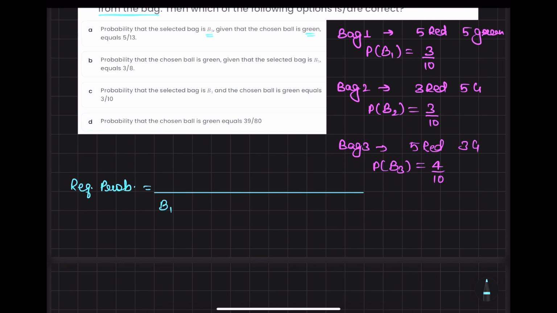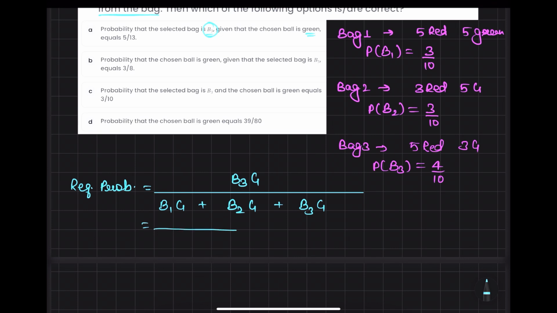So bag 1 then green, this can be the case, bag 2 then green, or bag 3 then green. We have to find out the probability when it is bag B3, so bag B3 then it is green.